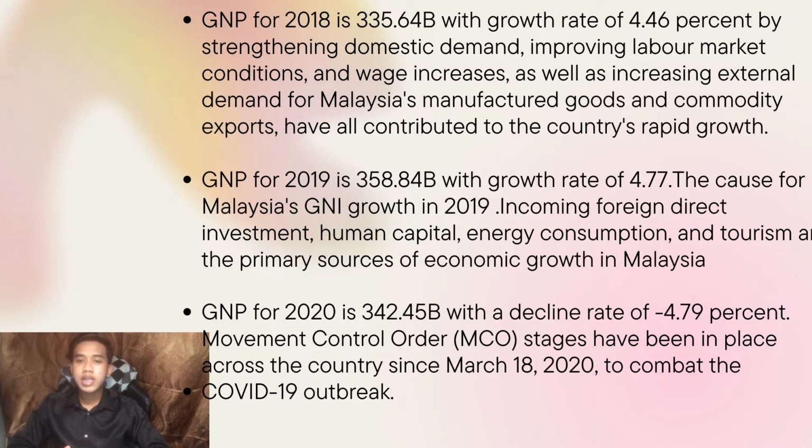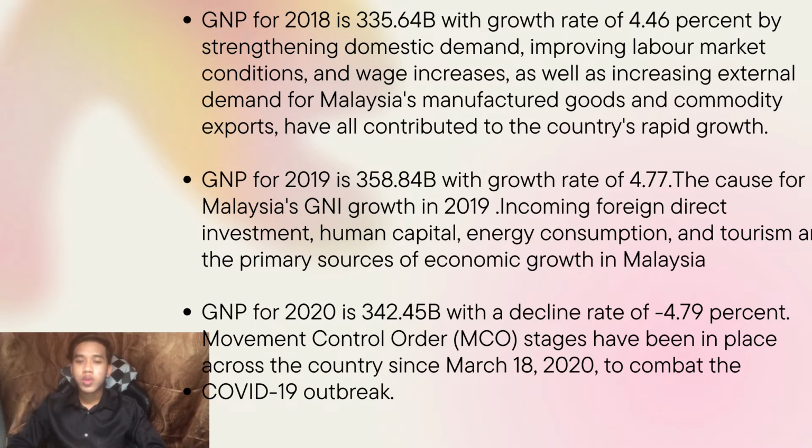GNP for 2019 is 358.84 billion with a growth rate of 4.77%. The sources of Malaysia's GNP growth in 2019 were incoming foreign direct investment, human capital, energy consumption and tourism, which are the primary sources of economic growth in Malaysia.